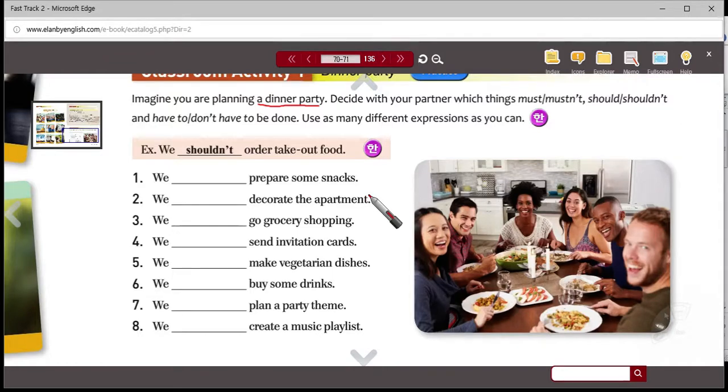Okay? So we're going to look at some actions here. Obviously, we are going to prepare the dinner party. And there's some different actions listed here. We're going to think about or discuss what are some things that you should do, or maybe some things you shouldn't do. Okay? And again, we're looking at some kind of advice. Okay?